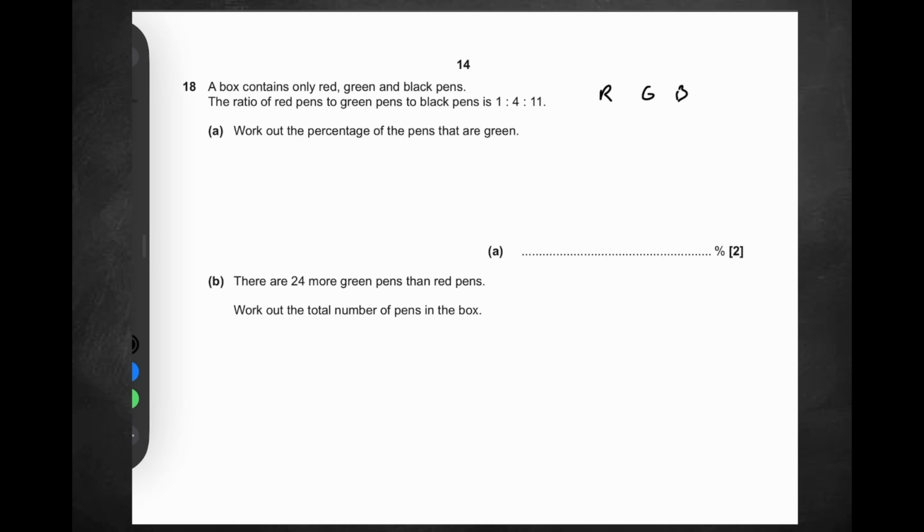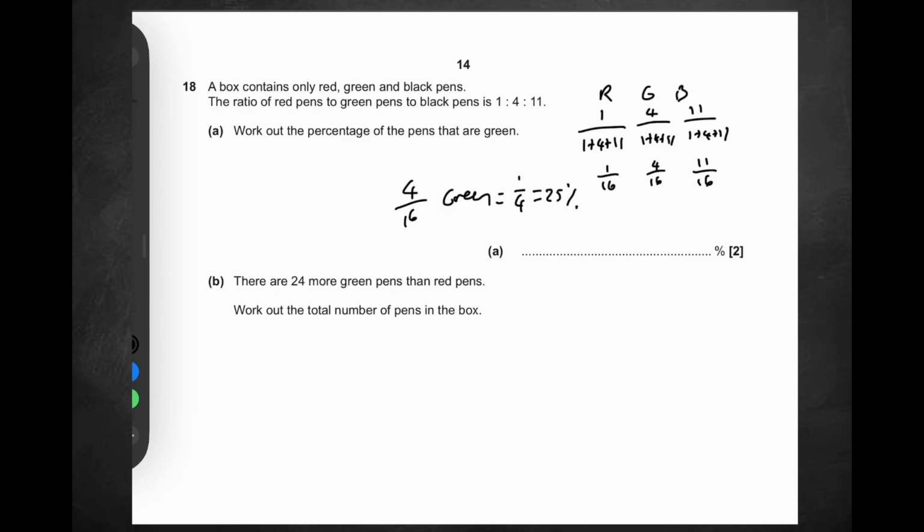Because we know it's in the ratio 1 to 4 to 11, red is going to be 1 out of 1 plus 4 plus 11 in terms of fractions, and black is 11 out of 1 plus 4 plus 11, which is the same as 1 out of 16, 4 out of 16, 11 out of 16. The question wants the percentage of the ones that are green, which is 4 out of 16, or in percentages, 1/4, 25%.